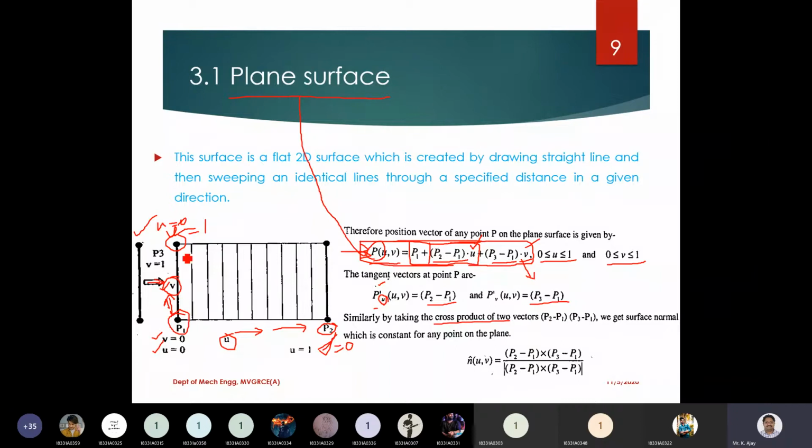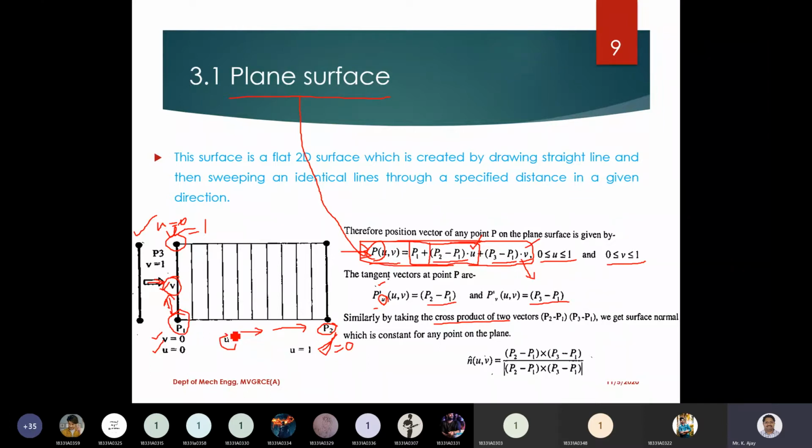Out of the three points, two points give us a straight line, and the other point gives us the direction in which I need to sweep this straight line. Here, P3 minus P1 is the straight line vectorially, and P2 defines the direction in which I need to sweep this straight line.